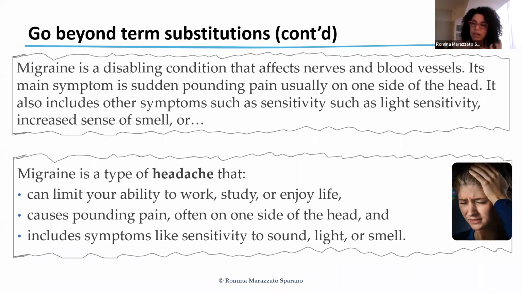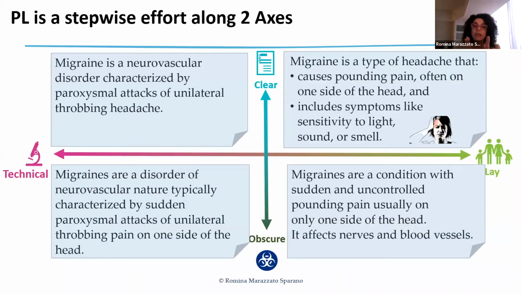So we're going in and really massaging all that content to bring out all these different layers of meaning. To me, I see this as a clockwork possibility of work. We start with a very technical, very dense text. We can go up in clarity for the technical audience, for the experts: "Migraine is a neurovascular disorder characterized by paroxysmal attacks."